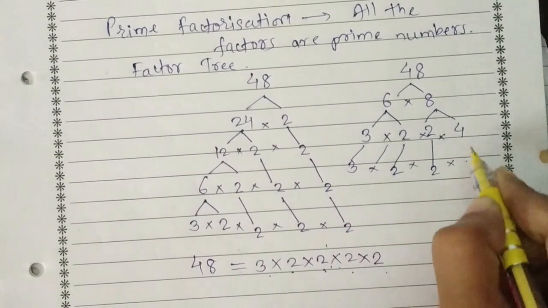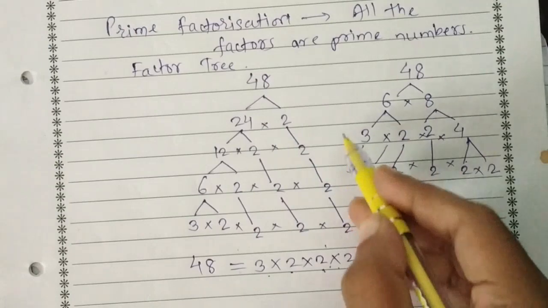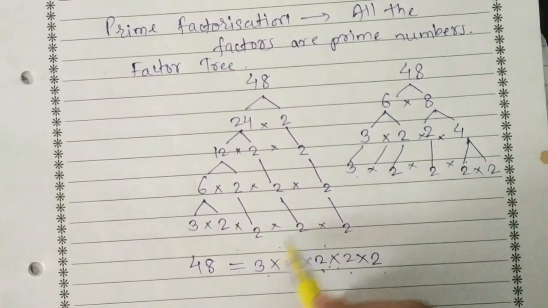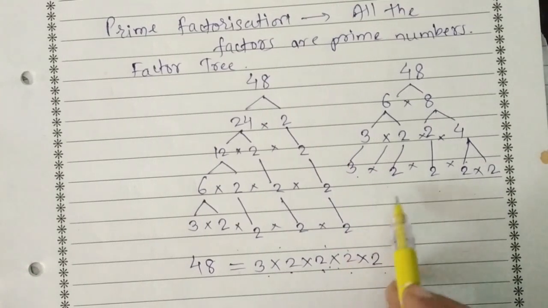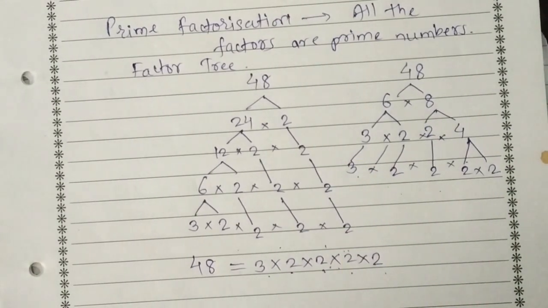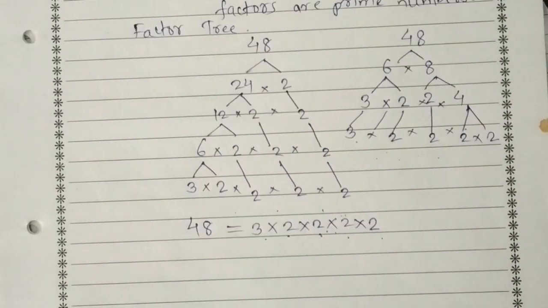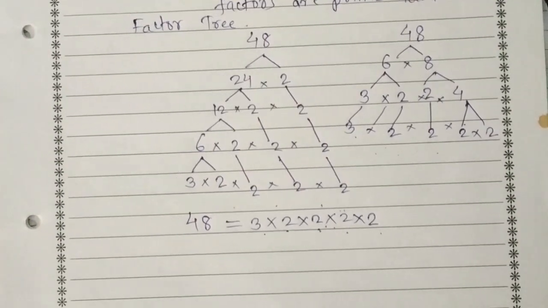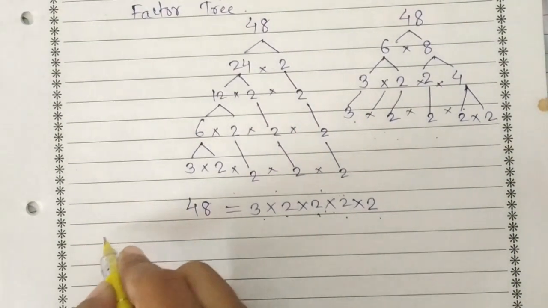This 4 you split as 2 twos. So if you notice here, 1 time 3 is there, again 4 times 2 is there. So the factors are prime numbers. By using this you can draw this factor tree. So based on this calculation we will take out that prime factorization property.